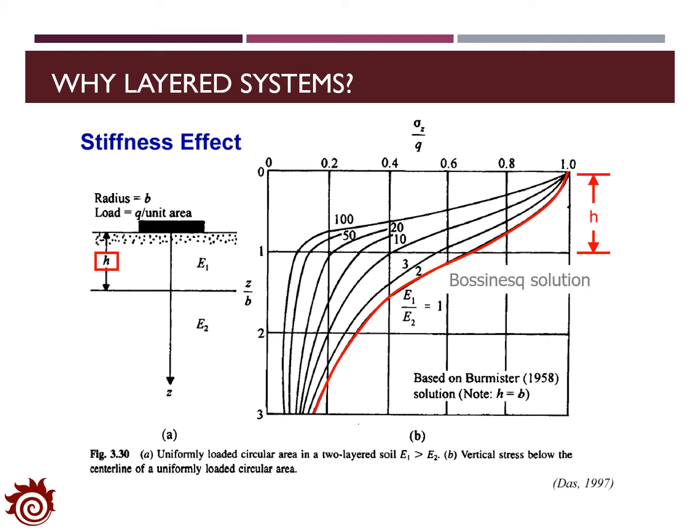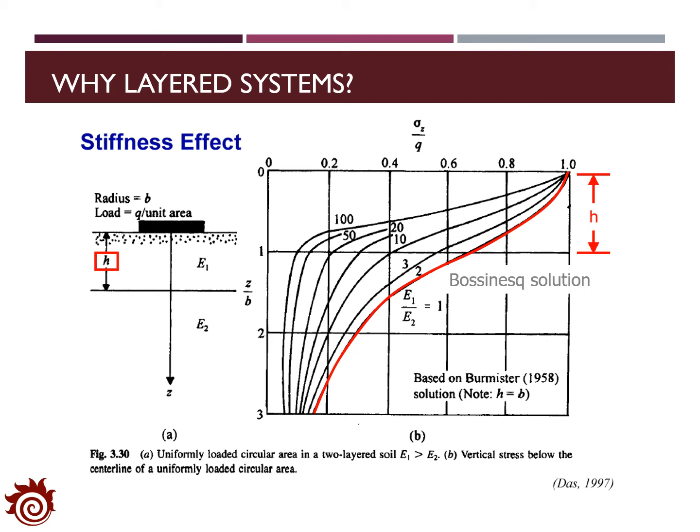The vertical axis represents the depth from the surface, and the horizontal axis is the vertical stress. Each line in this figure represents the stress distribution with respect to a fixed ratio of the modulus of elasticity, and the curve is estimated through the Poisson solution.